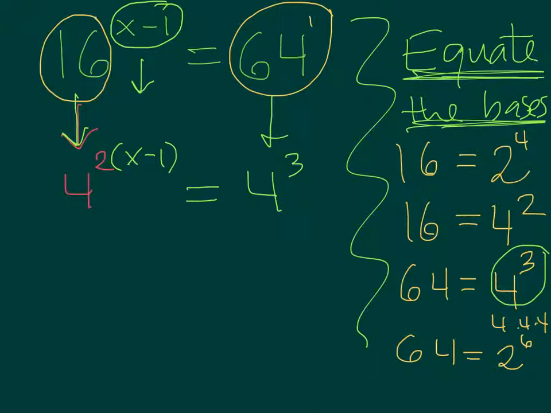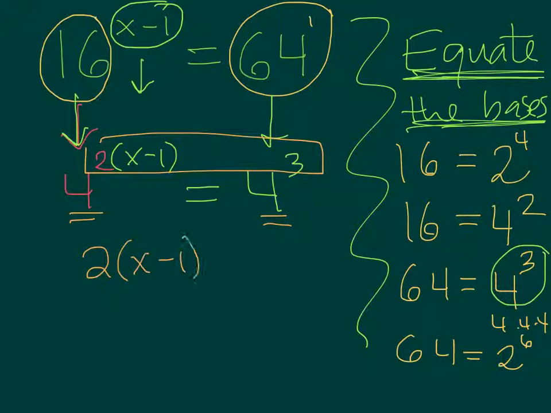Now that I have my bases the same, I can drop my bases and equate my exponents. So I have 2 times x minus 1 is equal to 3. From here, it's just a multi-step equation.